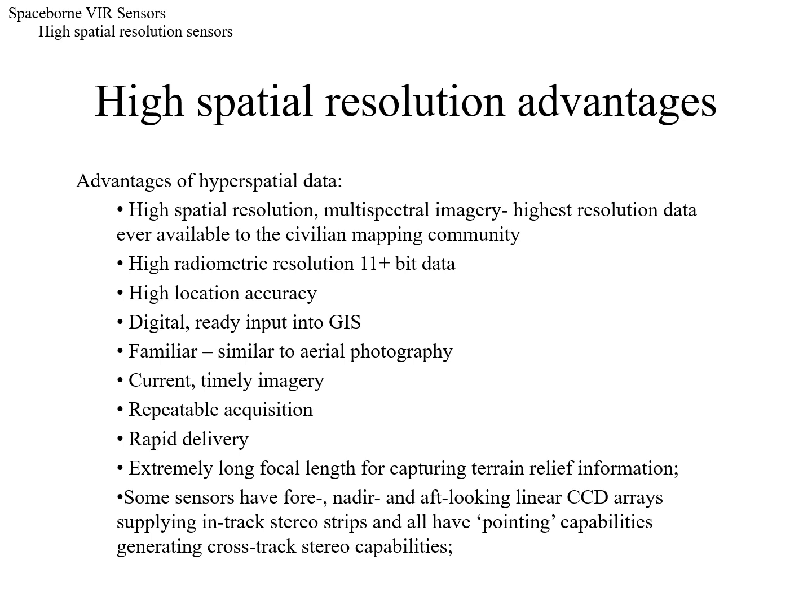It has high location accuracy, and you can buy orthorectified images from the various providers, so it's ready for input into GIS. It's familiar, it can be interpreted like aerial photography, although it also, for the most part, can be interpreted using conventional digital imagery techniques.